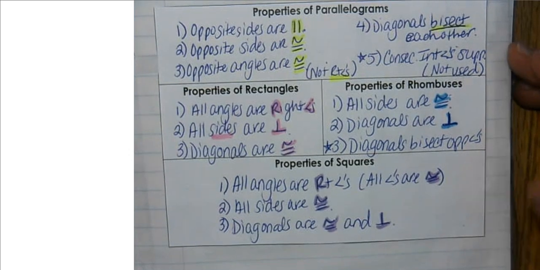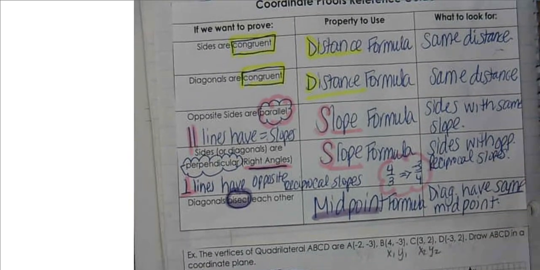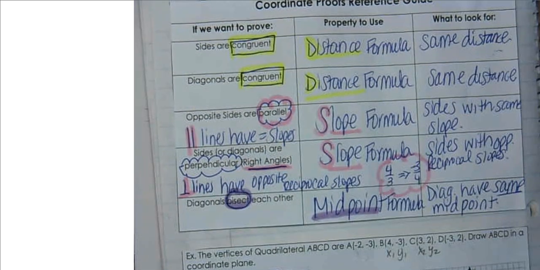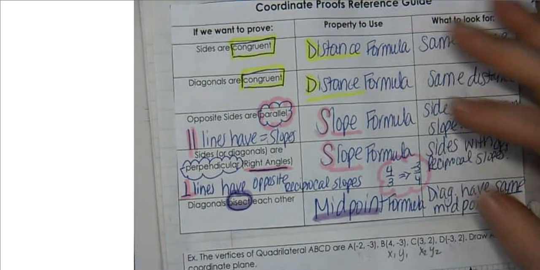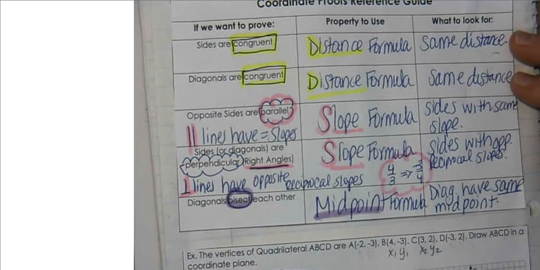And the way that you're going to prove a property is you're going to use either the distance, slope, or midpoint formula. If you want to prove anything that includes the word congruent, like that sides are congruent or that diagonals are congruent, you're going to use the distance formula to show that. And you're going to look for certain sides or segments to have the same distance or the same length.